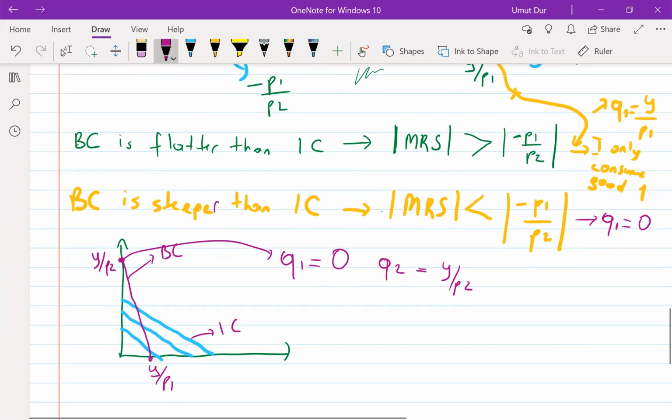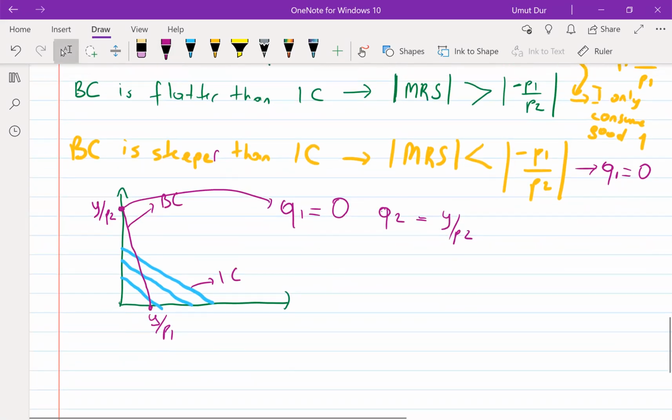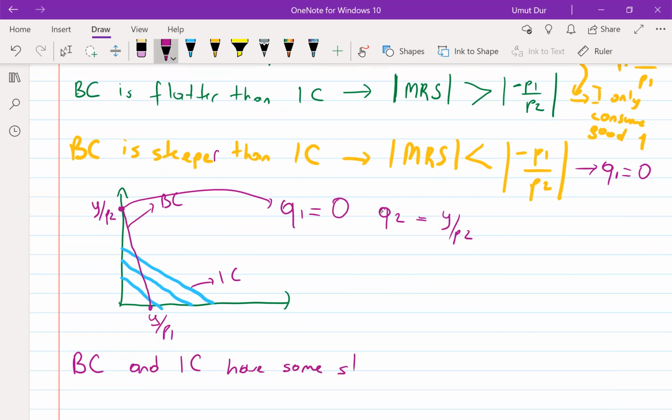Okay, there is one case left, which is where the budget constraint and indifference curve have the same slope, which means the marginal rate of substitution is equal to the ratio of the prices.